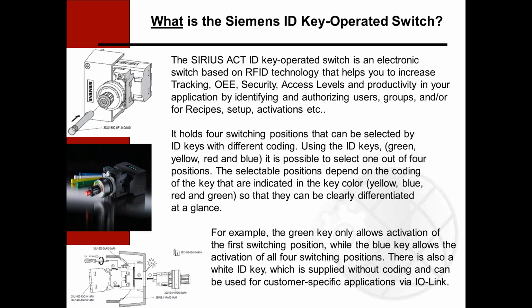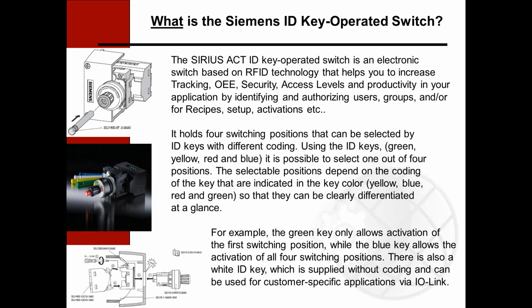Now with the IO Link version of this, which I would highly recommend over just the standard version, the IO Link version allows some additional features and programmability that would also utilize a white key switch, which has a programmable access level.